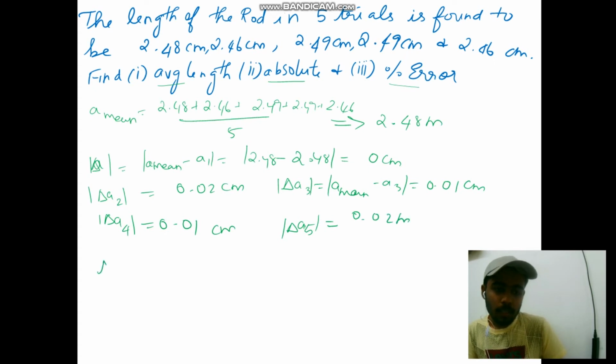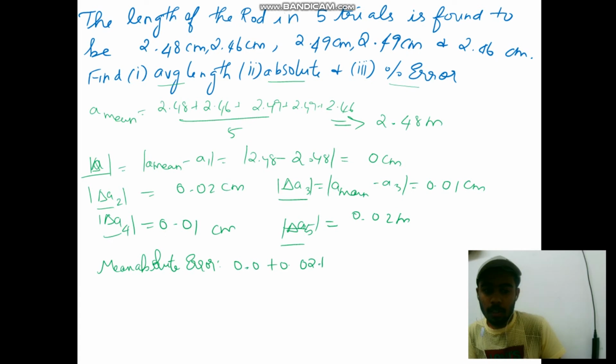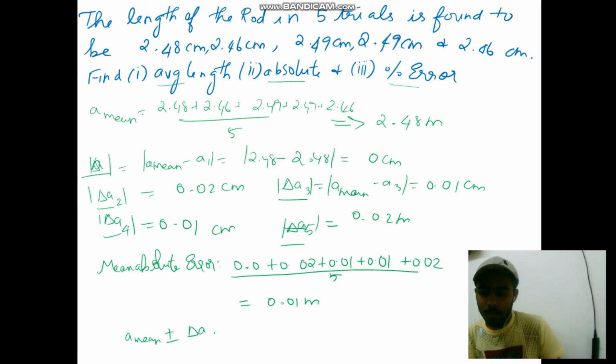Now we find the mean absolute error, which is the mean of all these 5 values: 0.0 plus 0.02 plus 0.01 plus 0.01 plus 0.02 divided by 5, which comes out to be 0.01 meter.